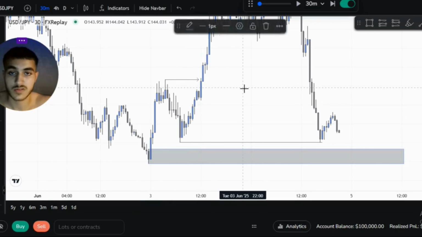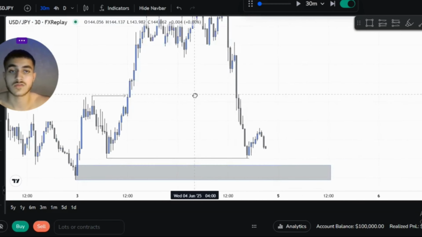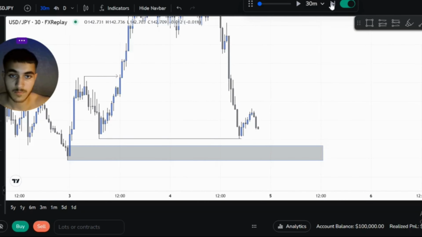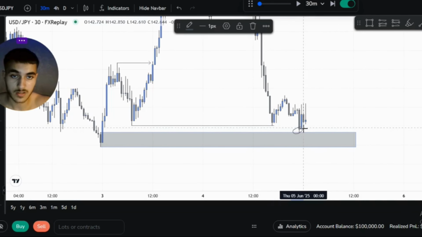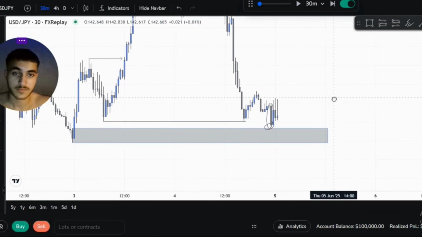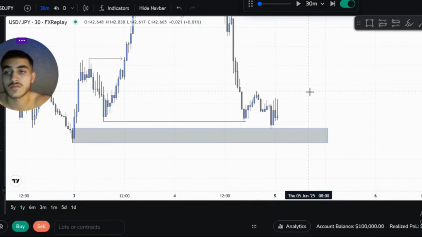In this example, this is our break of structure. Okay, after that we should wait for a wick from our zone. Okay, so as you can see, this is the wick at the close of this candle. After that, we should wait for the candles that close in our direction.